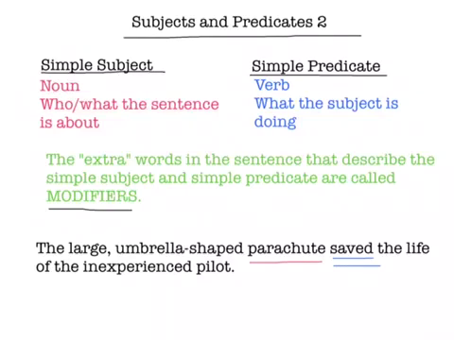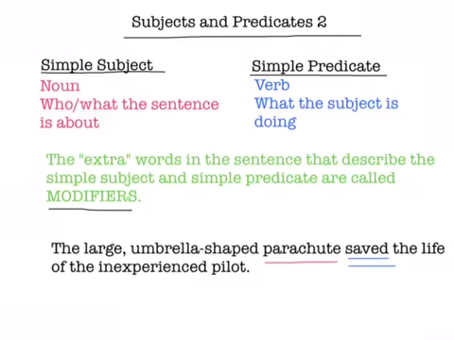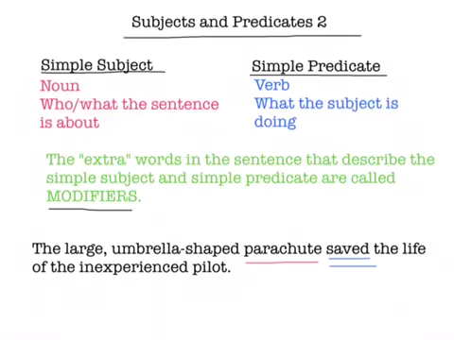So if we're looking at modifiers, we can expand our simple subject to show that the complete subject includes the modifiers, the large umbrella-shaped parachute. So parachute is our simple subject. Our complete subject is the large umbrella-shaped parachute, because the words large and umbrella-shaped are used to describe the parachute.